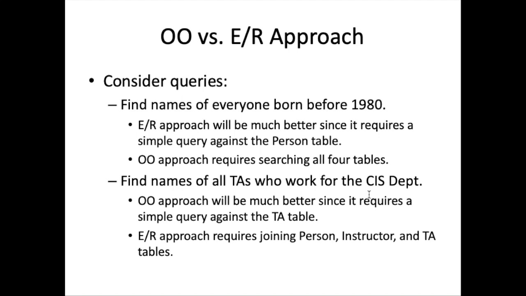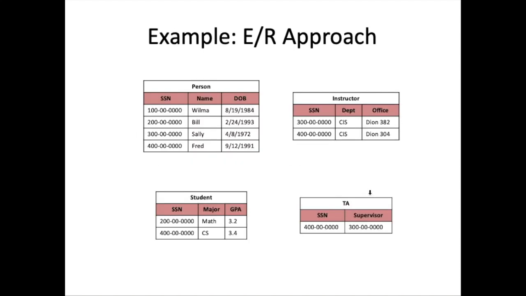Oh wait, and we want the names of the TAs, not just to find the TAs. So since we need their name, we need the people table to get the name. So we've got to basically join the TA table to the instructor table to figure out who they work for and what department they're in.